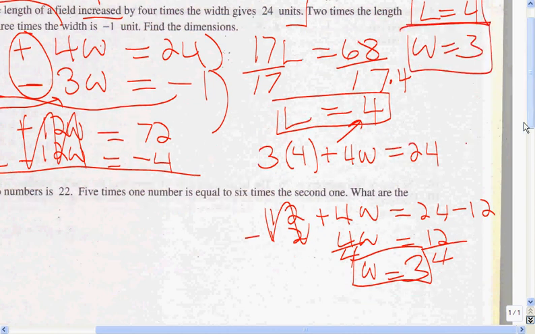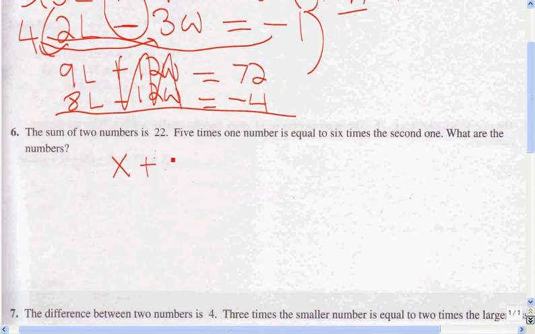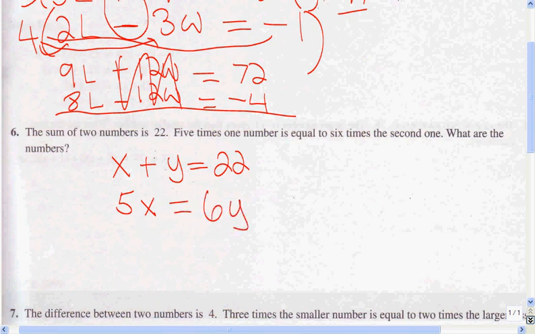Okay, let's do the other problem. The sum of two numbers is 22. That's the first part of the equation, right? So x plus y equals 22. 5 times one number is equal to 6 times the second one. So 5 times x equals 6y. Now I'm going to use this equation to solve the other equation.